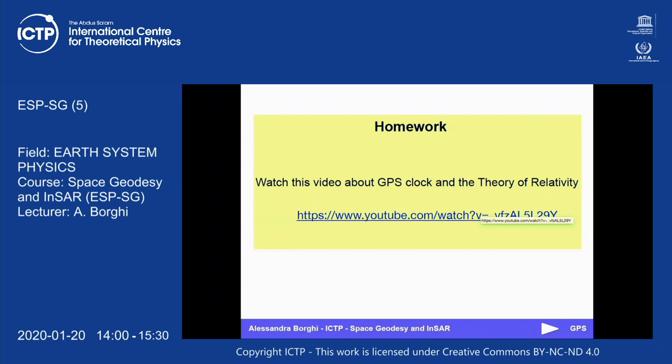So now we are going to see the errors. At the moment we have taken into account just one error, the synchronization error. We are going to see a very long list of perturbations that we can have. At the end, it seems like a miracle that we can have a millimetric positioning when you see all the list of possible errors.